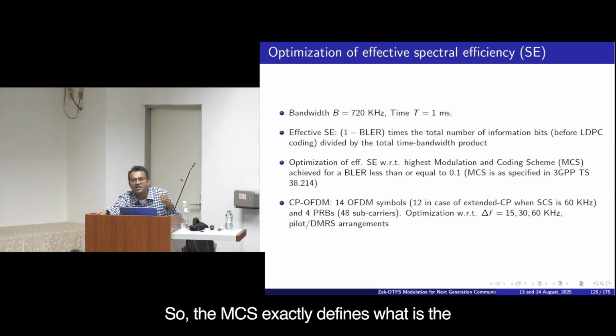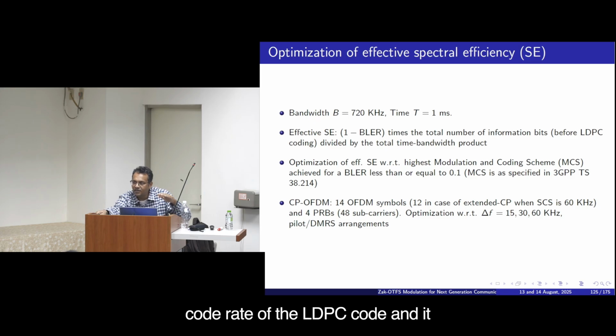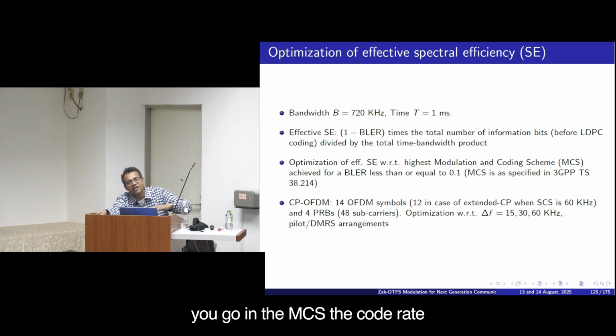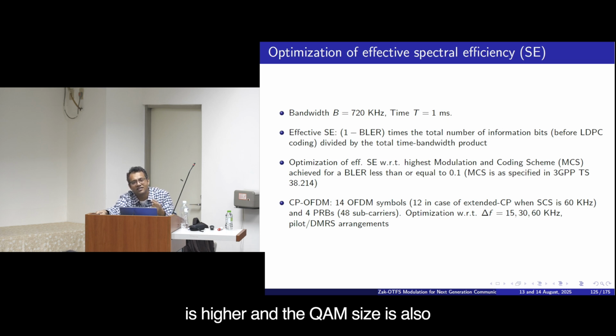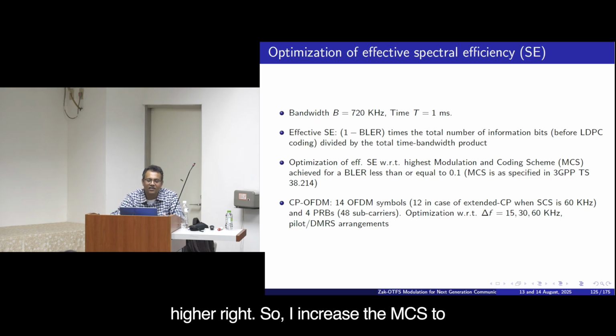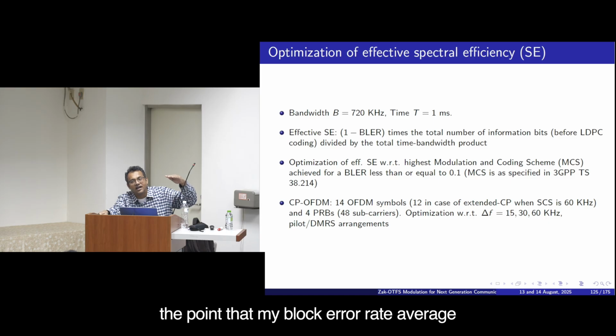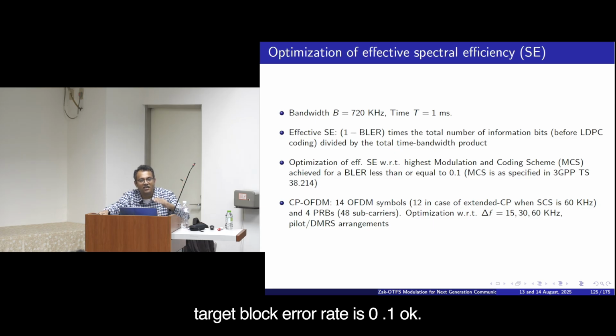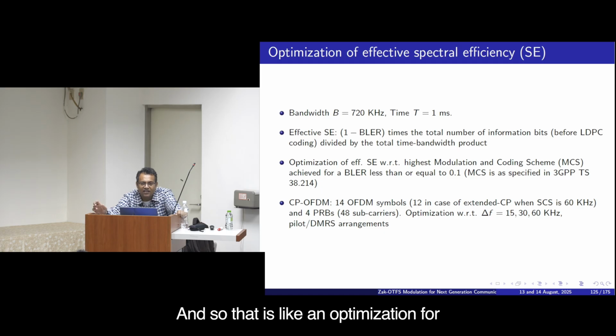The MCS exactly defines what is the code rate of the LDPC code, and it also defines the modulation QAM order. The higher you go in the MCS, the code rate is higher and the QAM size is also higher. So I increase the MCS to the point that my average block error rate does not exceed 0.1. So my target block error rate is 0.1. And that is like an optimization for the spectral efficiency.